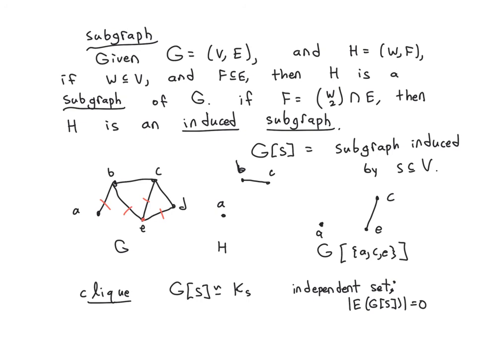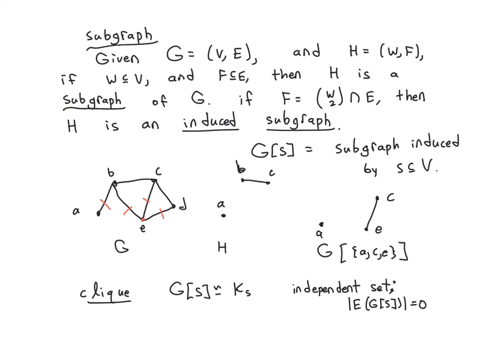And so two examples of induced subgraphs are the notion of independent set and a clique. A clique is an induced subgraph that's isomorphic to a complete graph. So for instance, C, E, and D forms a clique of size 3, B, C, and E forms a clique of size 3. On the other extreme, an independent set would be an induced subgraph with no edges.